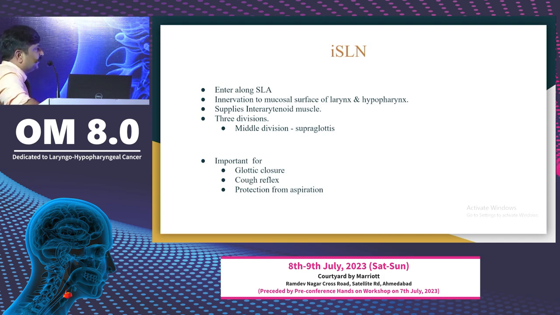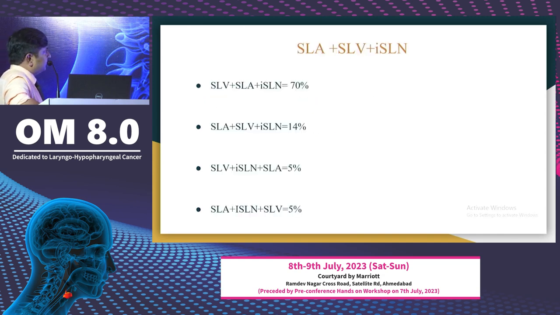So you can understand how important it is to preserve this nerve. Now, superior laryngeal artery, superior laryngeal vein, and the nerve have a relationship. In 70%, superiorly you will get superior laryngeal vein, then superior laryngeal artery, and then nerve in paraglottic space.